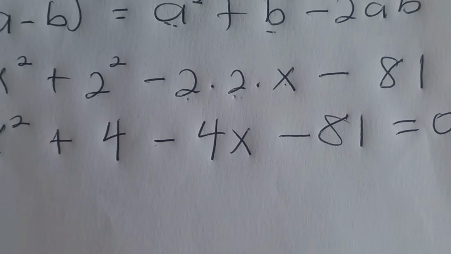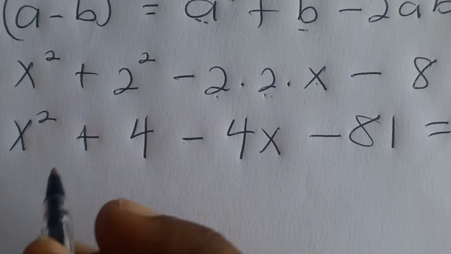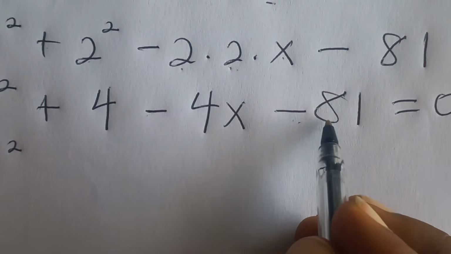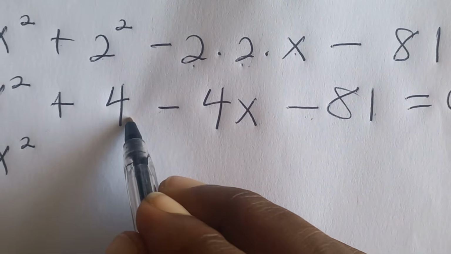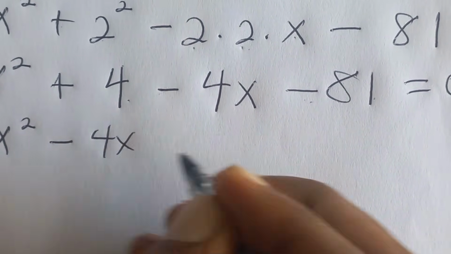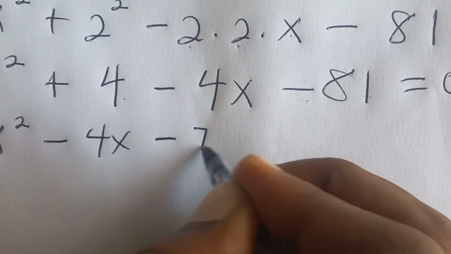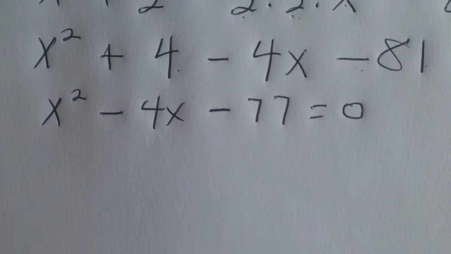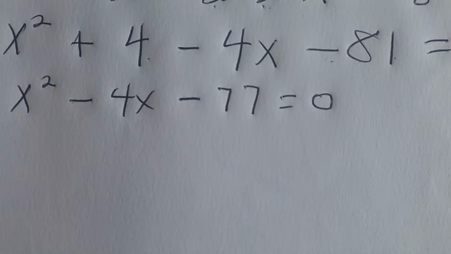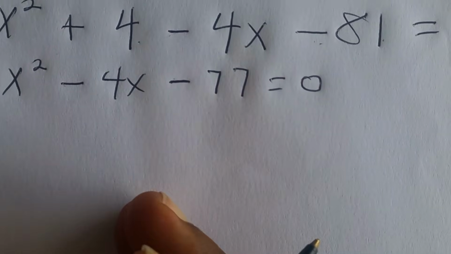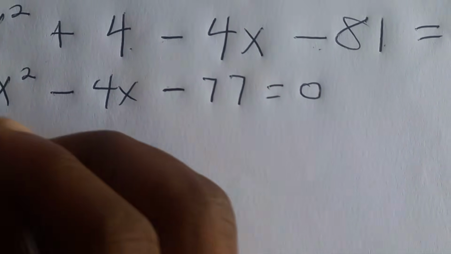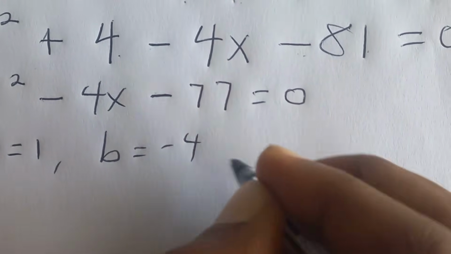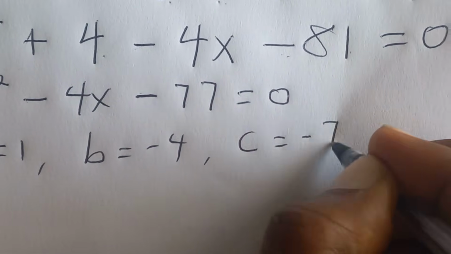Now with this, we can get x squared minus 4x, negative 81 plus 4, so it's going to be negative 77, which is equal to 0. So now we are going to use the quadratic formula to solve from here. So our a is 1, b is negative 4, and c is negative 77.